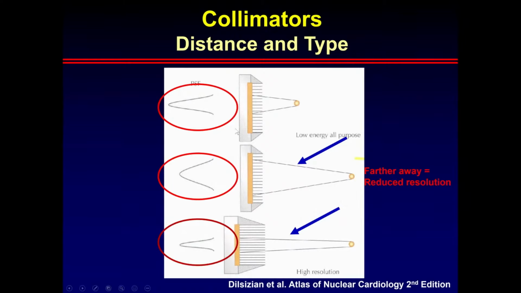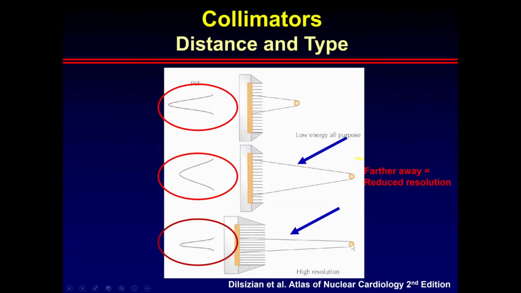So it not only depends on the collimator, and you can see the difference in this collimator, all purpose. This is high sensitivity, low resolution, versus high resolution and low sensitivity, where you have much longer septa and smaller holes. So even though the point source may be further away, you still get a better resolution.